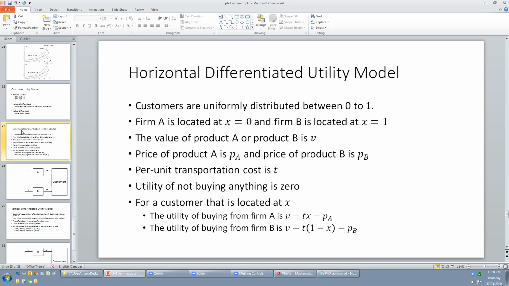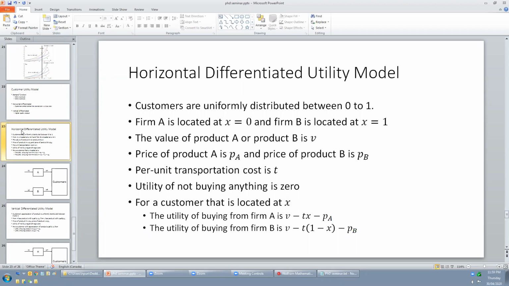If you're a customer located in the middle of the street, that means x equals 0.5. So the utility of you buying from firm A would be 100 minus 10 multiplied by 0.5, which is 5, minus 50. So if you buy from firm A, you have a utility of 45. If you buy from firm B, the utility is 100 minus 10 multiplied by 1 minus 0.5.